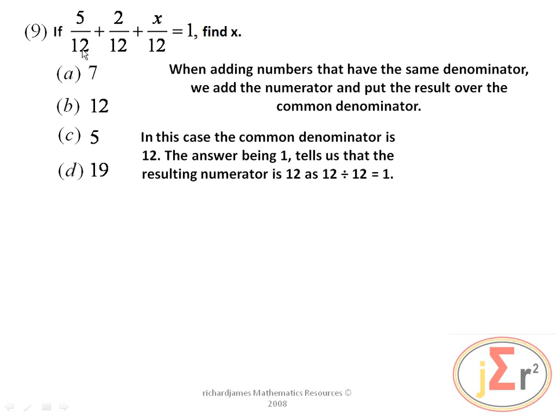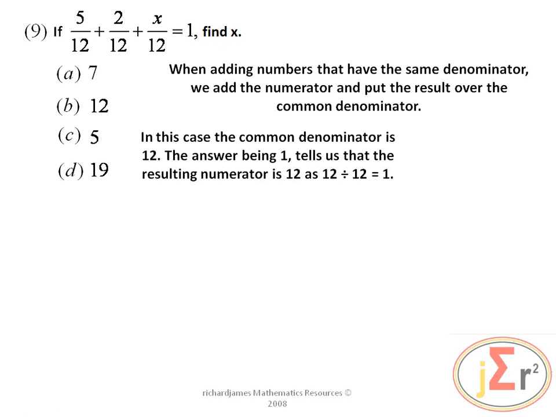Say 5 over 12, 2 over 12, and x over 12. The answer is 1. But when we are adding numbers that have the same denominator, the answer is found by adding the numerators and placing the value over that same denominator. Therefore, the one that we have right here is a fraction whose denominator is 12.